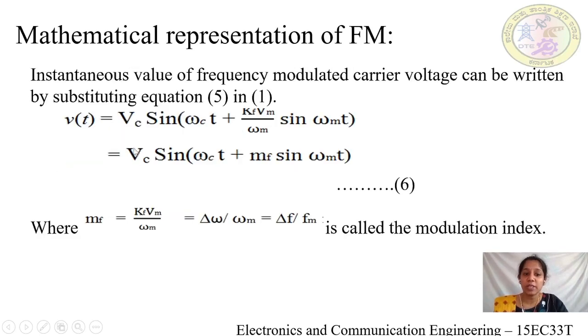Now, substituting this in the expression for voltage, we get the instantaneous value of the frequency modulated signal, which is equal to capital Vc into sine of omega c into t plus mf sine omega m into t, where mf is the modulation index, that is kf Vm by omega m. It can also be written as delta omega by omega m or delta f by fm. So this is the mathematical representation of an FM signal.